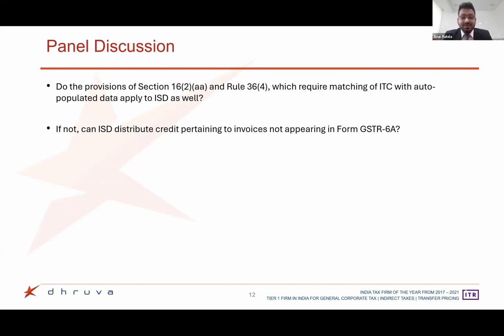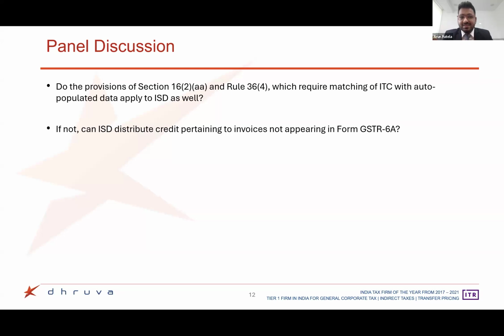Now, coming to this question, it's an interesting one. I'll cover both aspects of it, one being legal and the other practical. Legally, the only provision under GST which talks about matching of ITC is Section 16(2)(aa) and the related rules. This provision simply says that any invoice appearing in Form GSTR 2B can be claimed as ITC in GST returns.